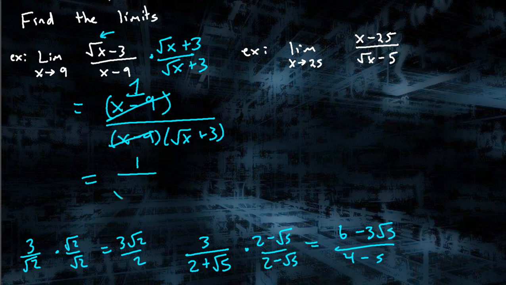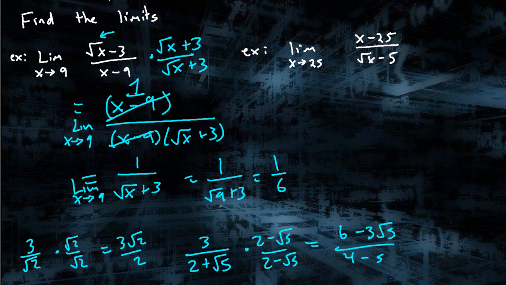I get a 1. So I have 1 over root x plus 3. And I'm trying to take this limit. So technically, I should be writing limit each time. I was being a lazy bum. So now if I put in the 9, I'm going to get 1 over root 9 plus 3. So that's going to be 1/6 because root 9 is 3 and 3 plus 3 is 6.